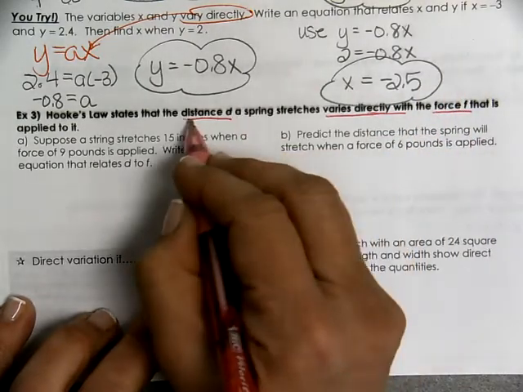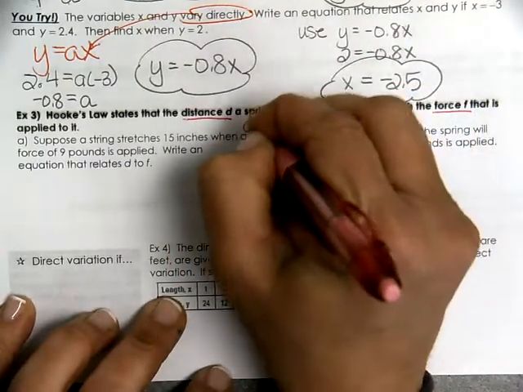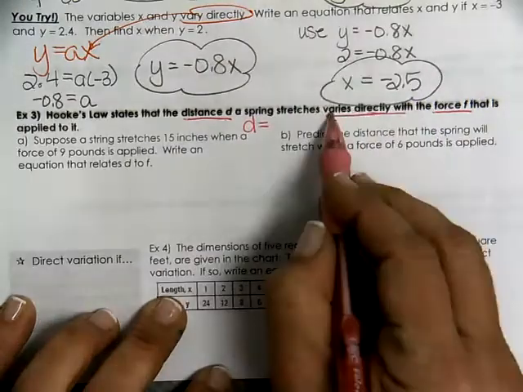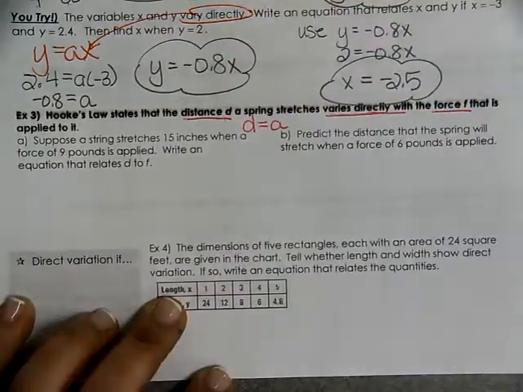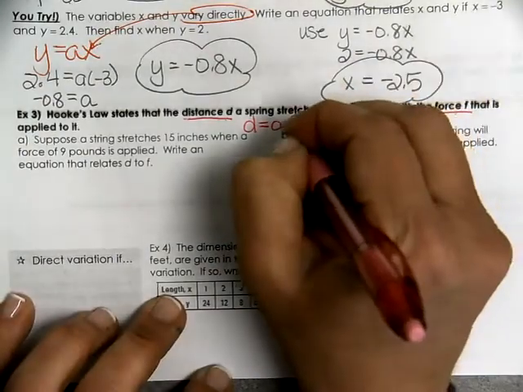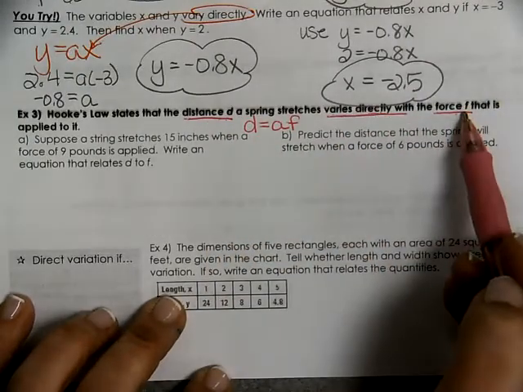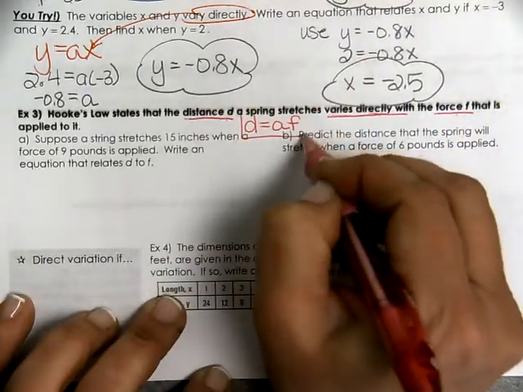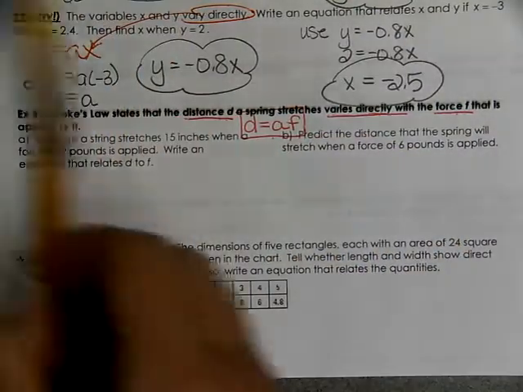That means that the d is like our y, so we're going to say d equals, varies directly. The varies directly means that we have our constant of variation a multiplied by this force here. So the distance varying directly with the force means that we're going to use d equals a times F. So now let's use that.